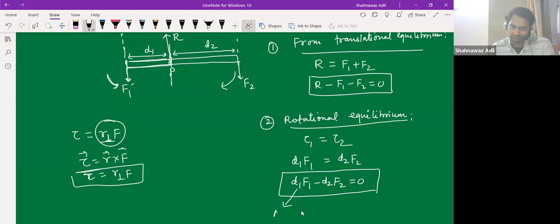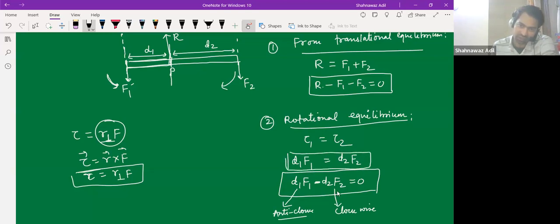You can just check it with Maxwell's rule. And whenever you are going clockwise, that would be negative. Either we can write this one or we can write this. Is this clear? In the next question, I will write in this way.